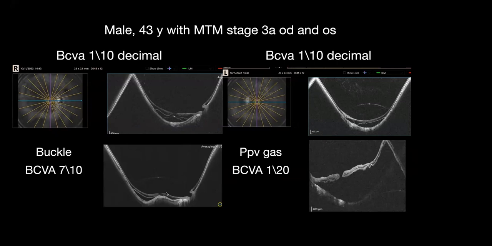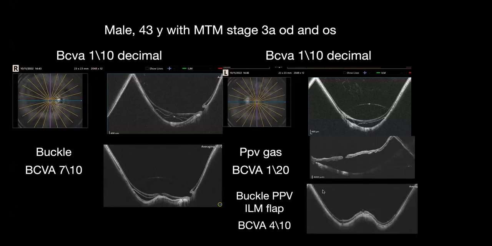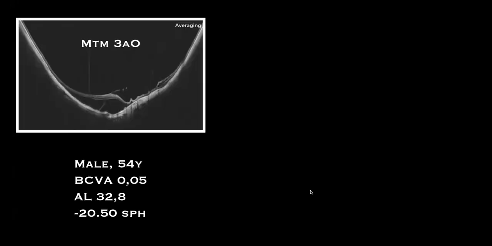So this is the result. In the eye where he was operated with the buckle, he had the resolution of the case with a great improvement in vision, while he ended up in a full detachment with a full thickness macular hole after vitrectomy. So I operated the second eye too, and now he's okay in that eye as well.